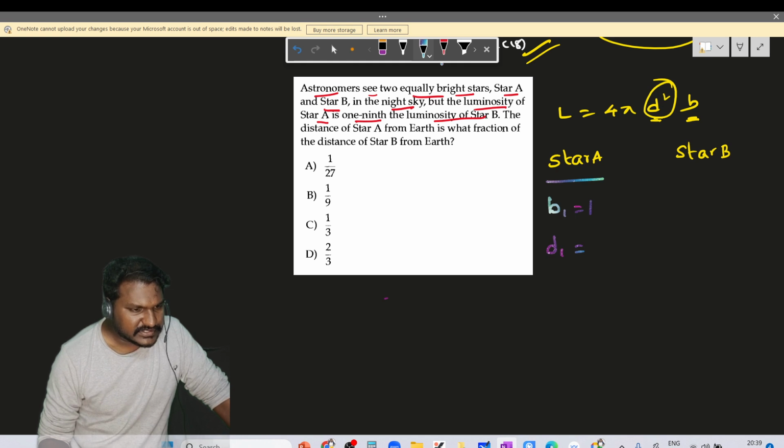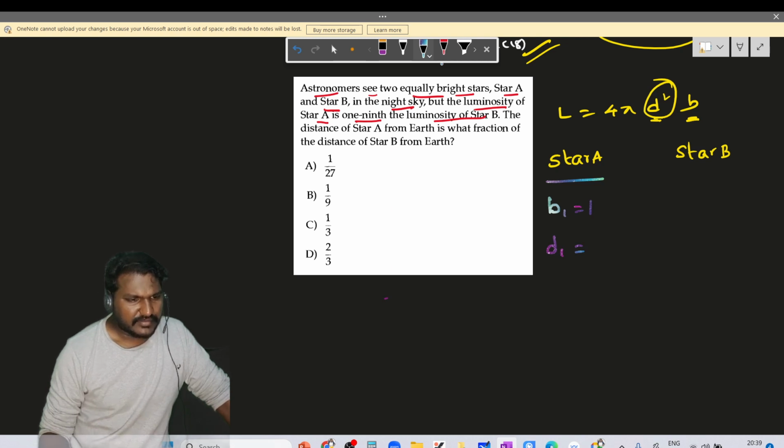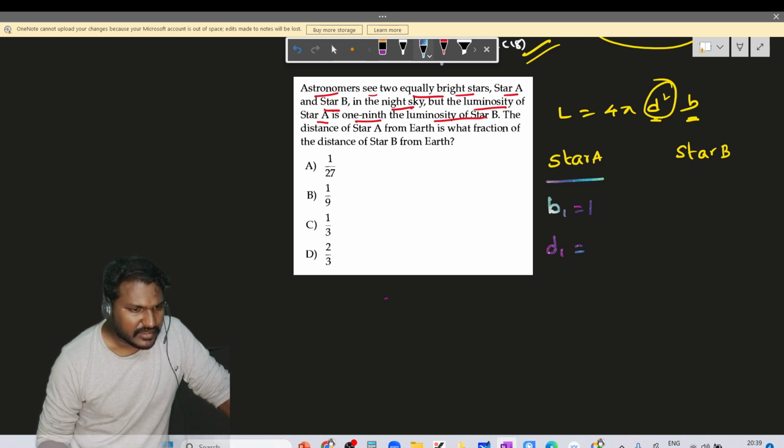Read the question: star A and star B in the night sky are equally bright. Brightness is the same anyway, so no need to take a big digit, but distance I'll take as a big digit.